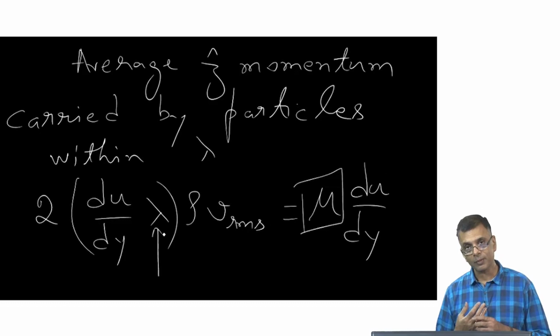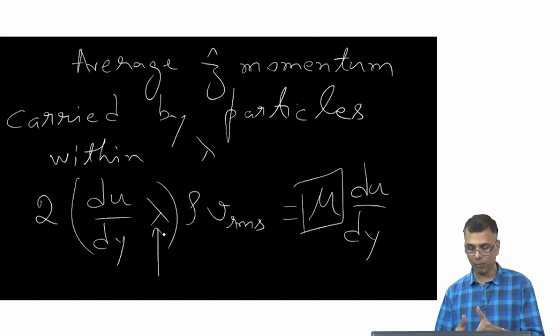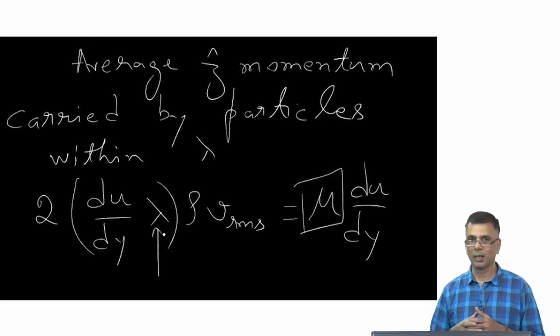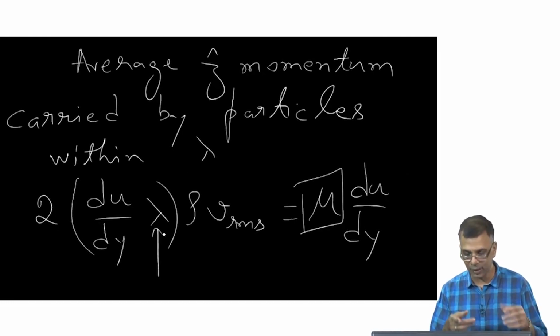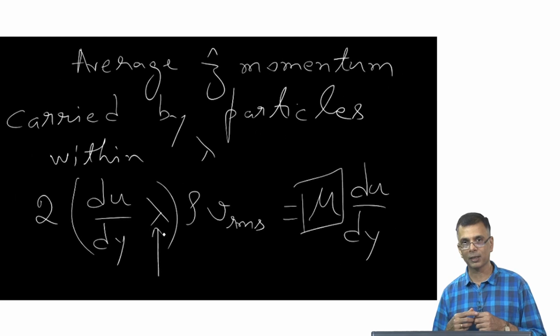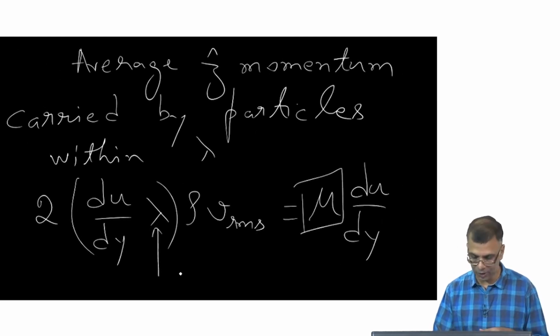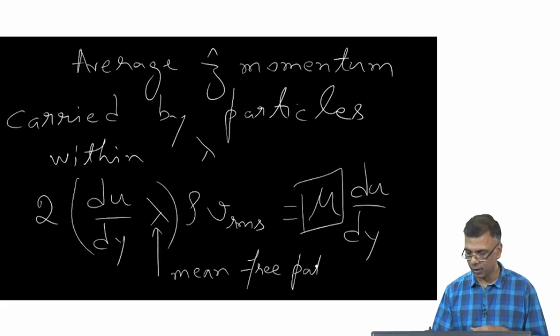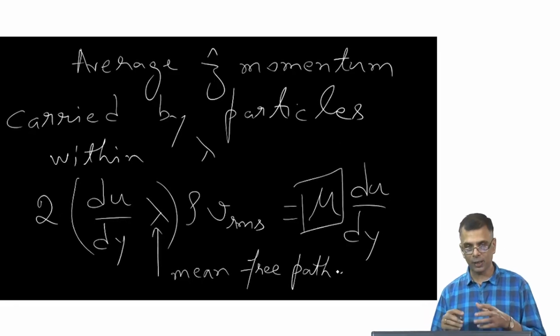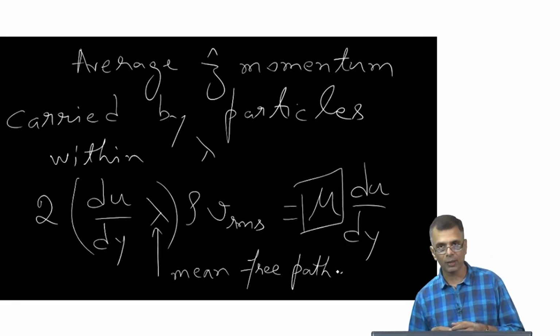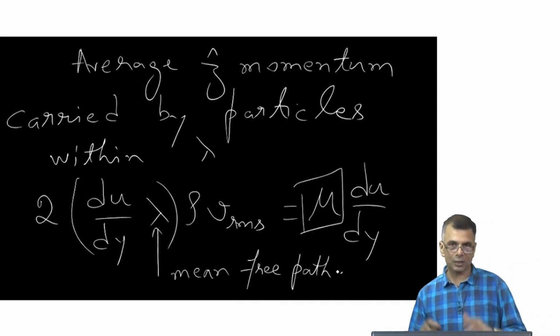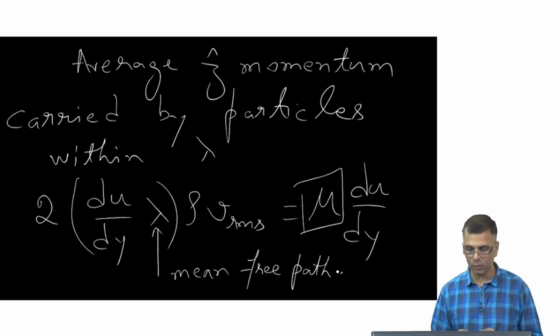In such situations, you cannot apply this simple-minded expression, and you would have to find an effective mean free path that is not simply the collisional mean free path. Let me write this down. Since I'm saying this word over and over again, I should write this: mean free path. You would have to find a more meaningful mean free path that is not simply the collisional one. But that's for collisionless fluids, and that's a bit of a special situation.